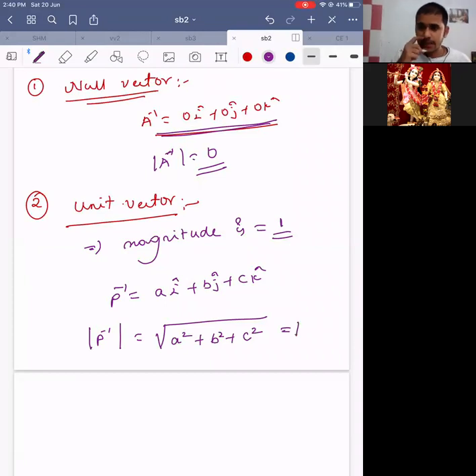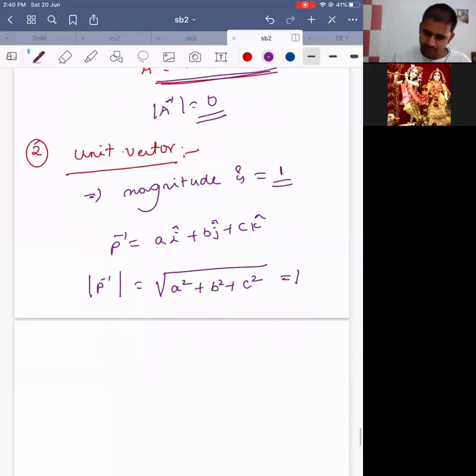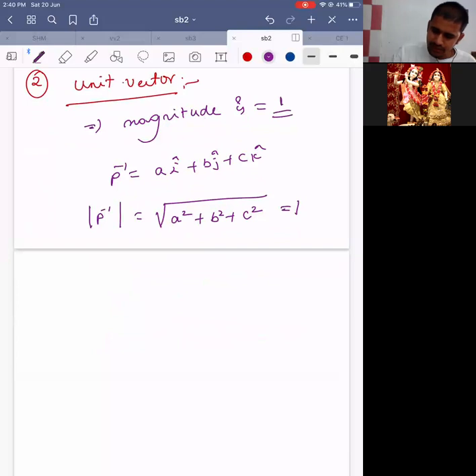If it is equal to 1, then it is said to be a unit vector. Okay. Then how to convert a vector into a unit vector? Converting a vector into a unit vector.